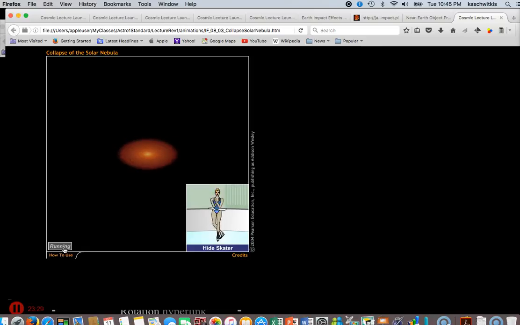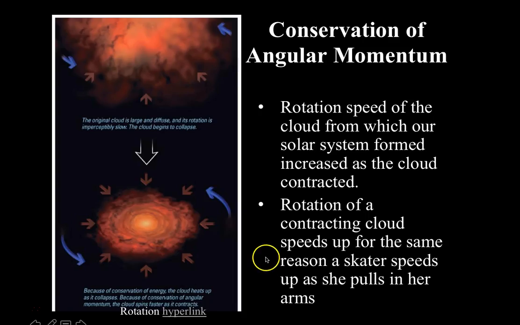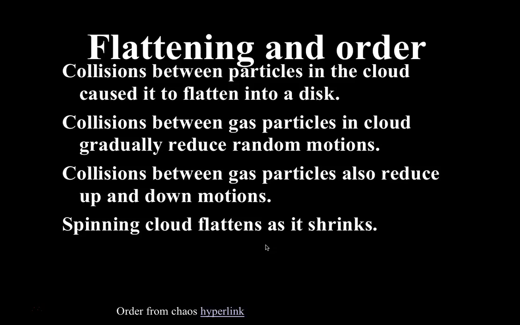And as she gets her arms really close, she'll spin even faster. So you can do that yourselves. Just sit in a chair that you can turn around in, and then have somebody spin you, and then pull your arms in. You can have that effectively occur to you.